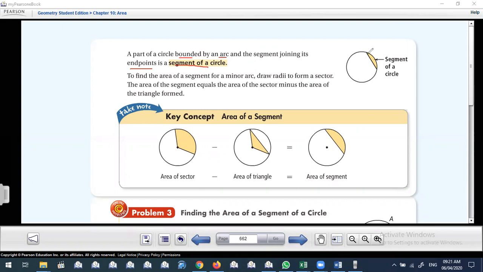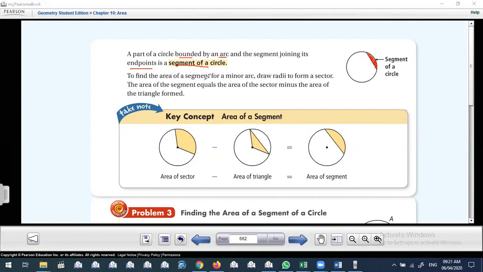Here we have a line segment here. This part bounded or included between the arc and the line segment is called a segment of the circle, this part. Today we are going to learn how to find the area of the segment.